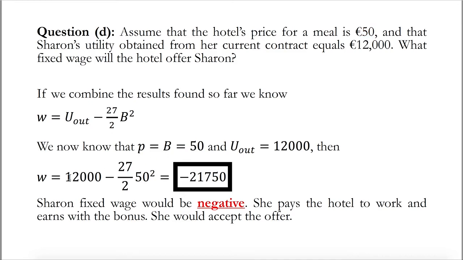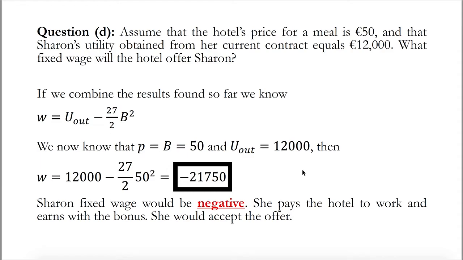So if we just substitute in this formula here, wage is going to be 12,000 minus 27 over 2 times 50 squared. If you just do the math, you will obtain that the fixed wage that the hotel should offer to make Sharon accept this offer is minus 21,750.